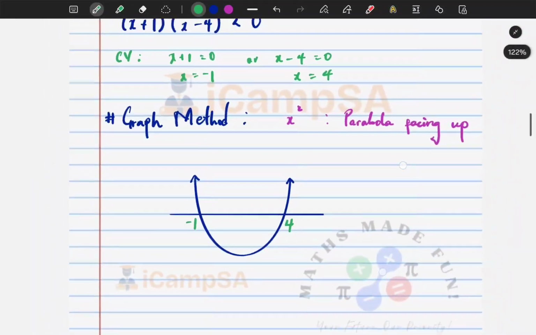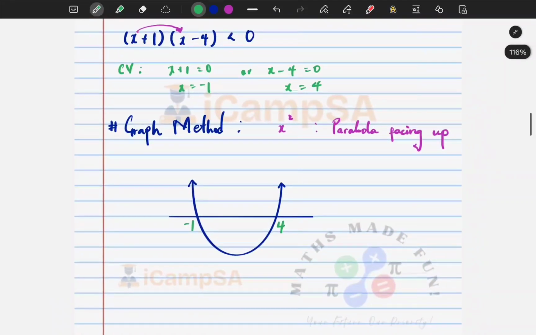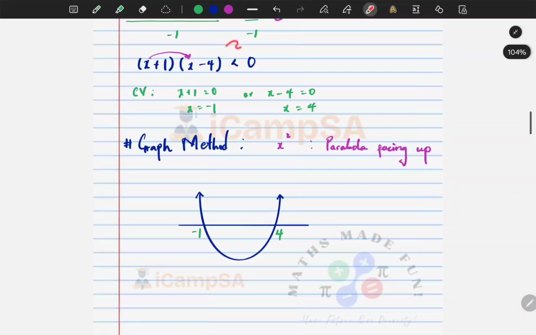So I need the values of y that will make this entire expression less than 0, right? When you draw a y-axis here, this is going to be your y-axis.